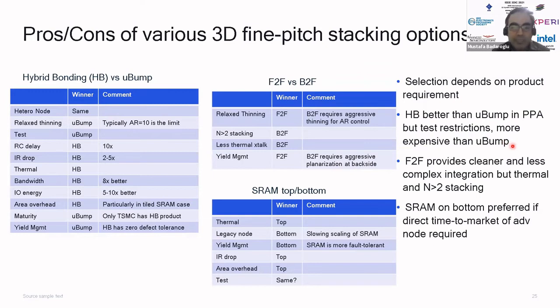And also, in terms of the selection of whether we need to use face-to-face or back-to-face, thermal and also the complex integration scheme favors more face-to-face, but back-to-face for system scalability. And also test advantage is better in back-to-face. And then SRAM top and bottom is mostly dictated by the power IR drop and the thermal requirement.